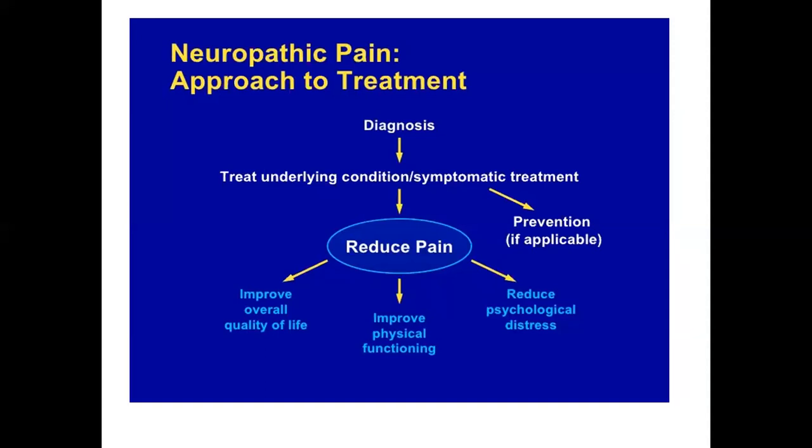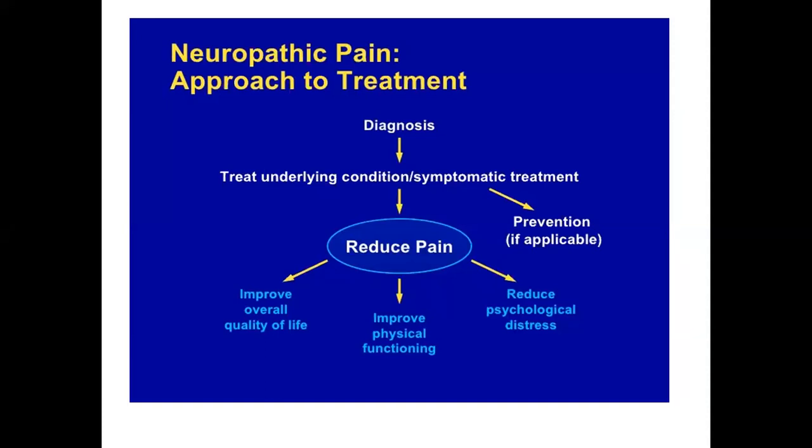If the patient was losing their mobility, you bring them back to their norm of being mobile. Now, reduce the pain also with the aim of improving the overall quality of life.